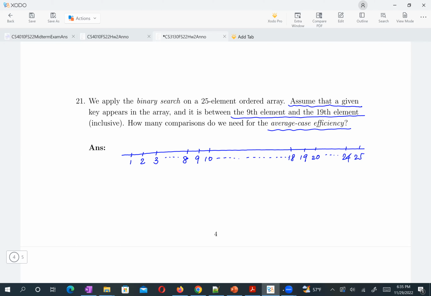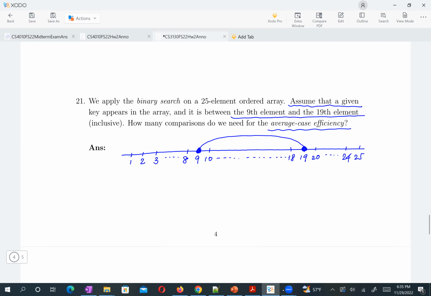Now, based on the assumption, the key to be searched for must fall into this range, between the minimum and the maximum.